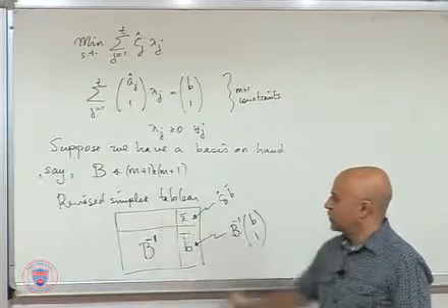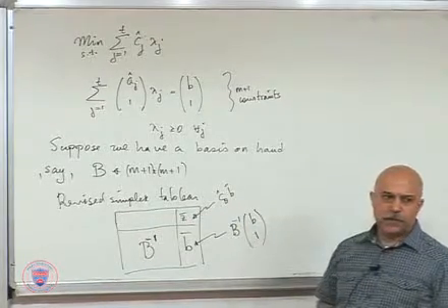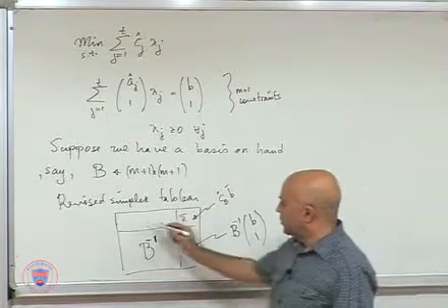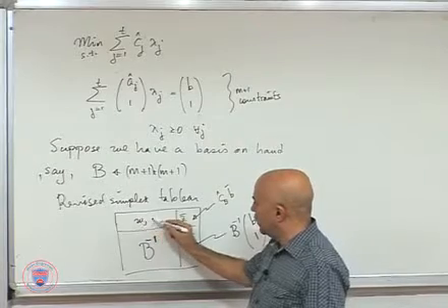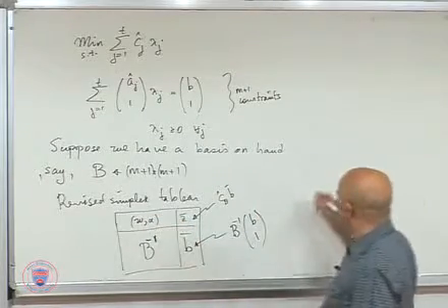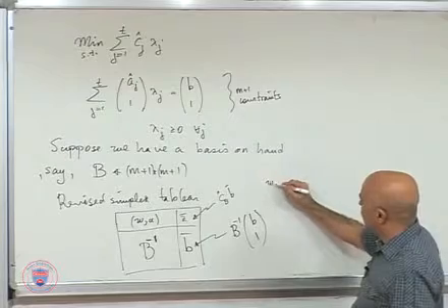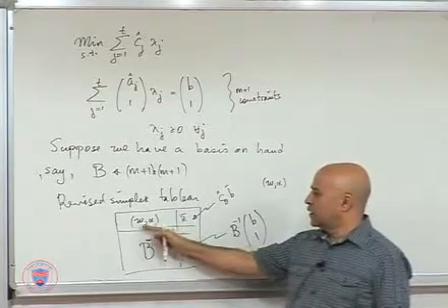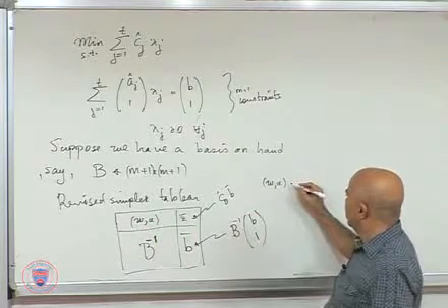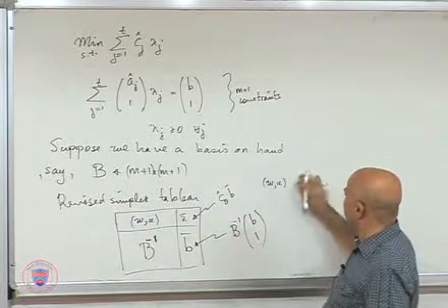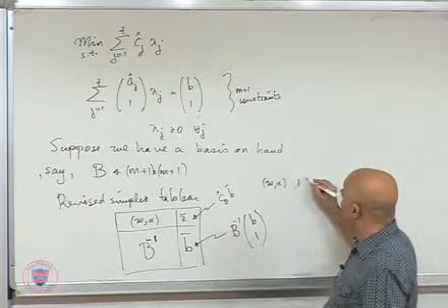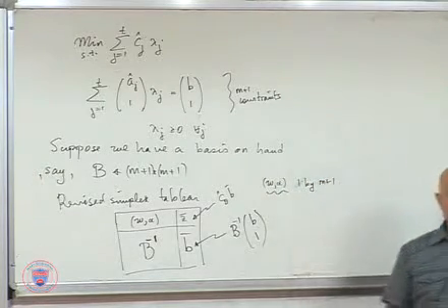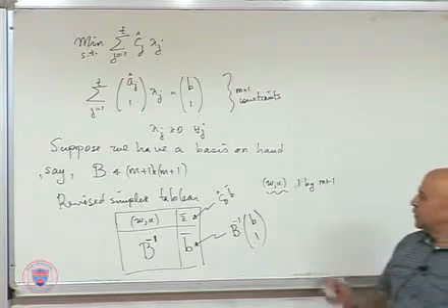Over here, we have the dual simplex multipliers. I'm going to use (w, alpha) for that, where alpha is just the last component. This is a 1 by m+1 vector. That's the dual simplex multipliers.